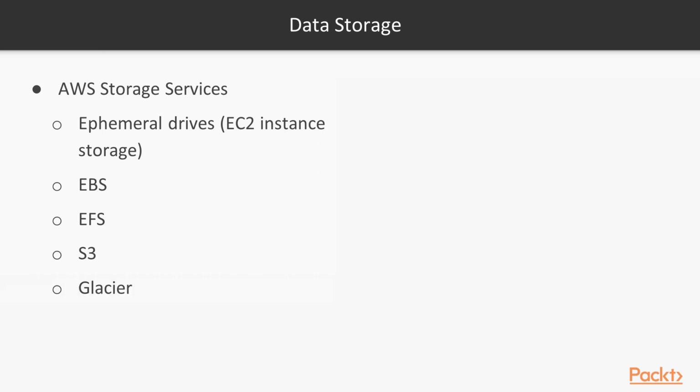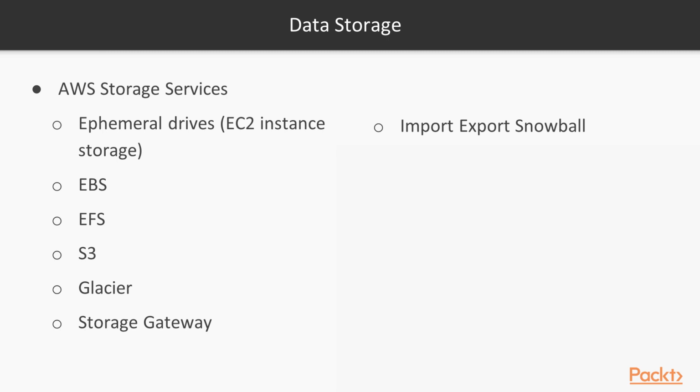Glacier for offline backup. Storage Gateway helps us send information from our on-prem systems to the cloud. The same thing that we can do with Snowball. Snowball is a big USB drive, let's say, or a big hard drive that we can use to move large amounts of information from on-prem, from your physical location, to an Amazon region or Availability Zone.